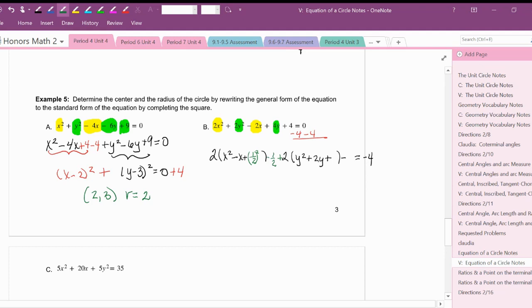And here I'm taking half of 2, which would be 1, squaring that to get 1, but I'm really adding 2 because I'm doubling that. So I have to subtract off 2.